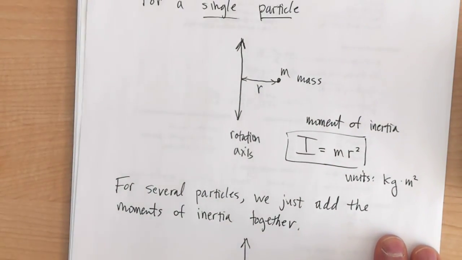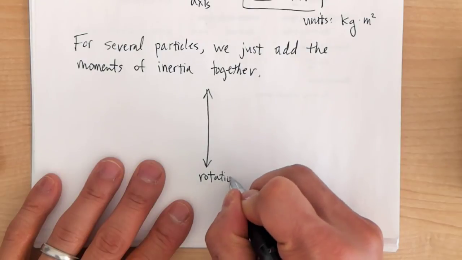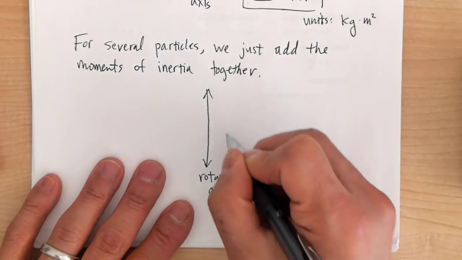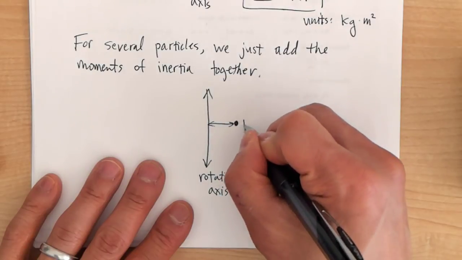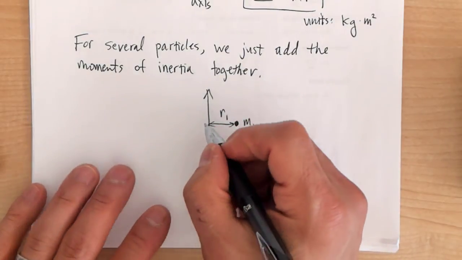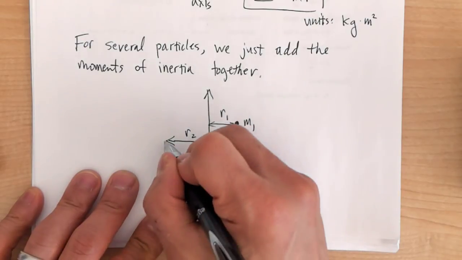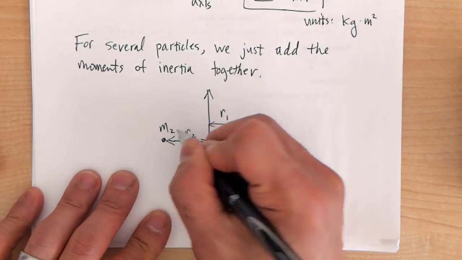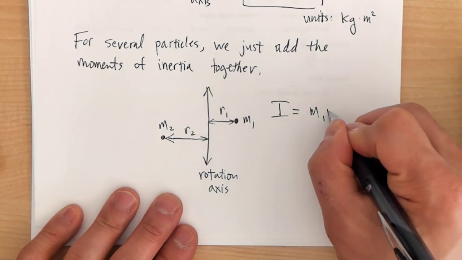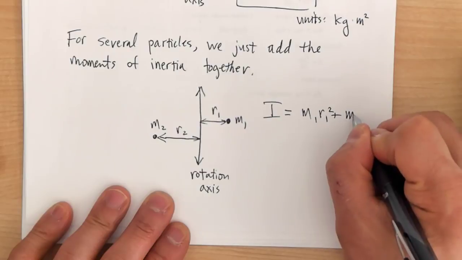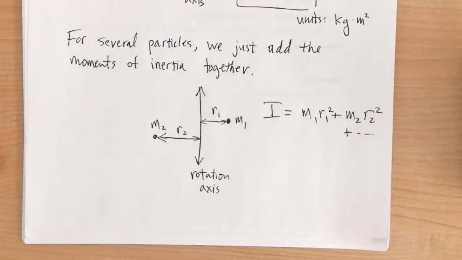Oops, off the screen. I have here M1 with radius R1. Over here I have something at distance R2 with M2. And then the moment of inertia of this whole thing will be M1 R1 squared plus M2 R2 squared, and so on if there are other things.